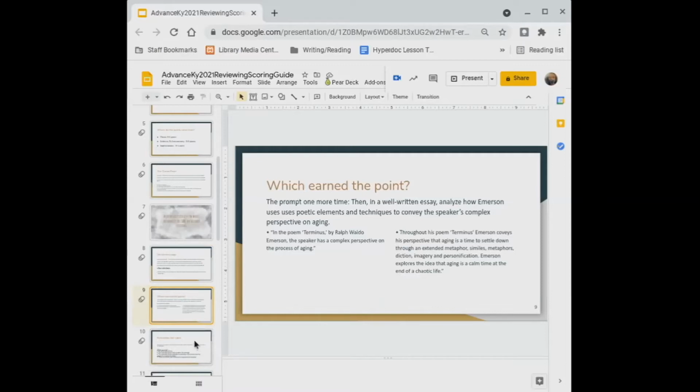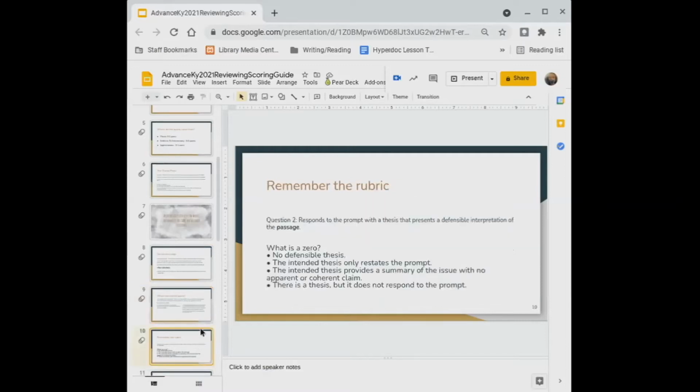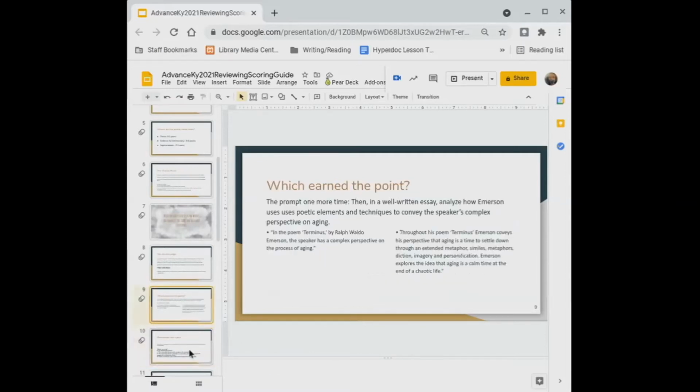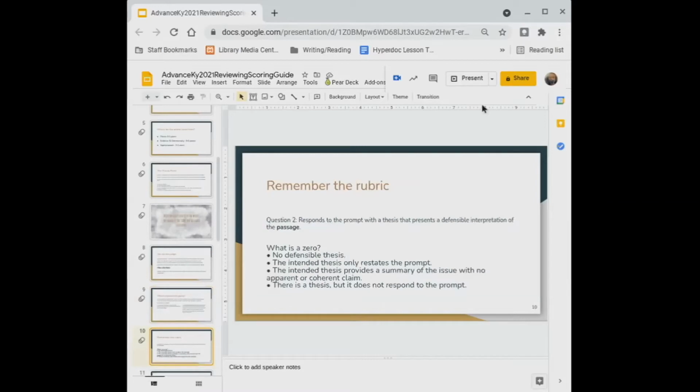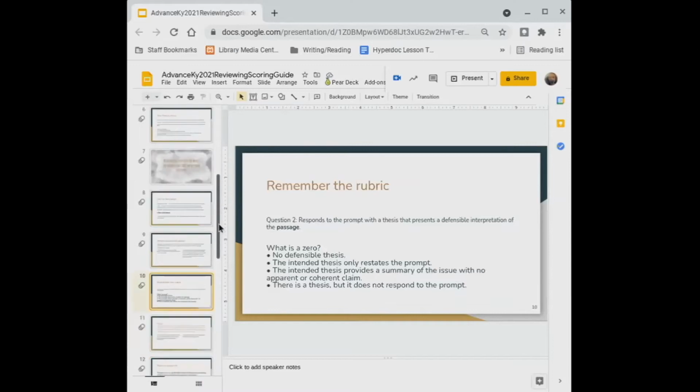Now, I think what a lot of you might be wanting is more explanation of how to use evidence and commentary. I don't know if I can give that to you today with what I prepared, but I will do my best with it.